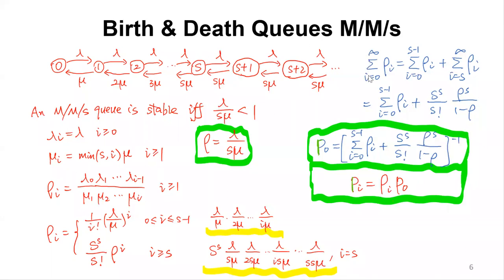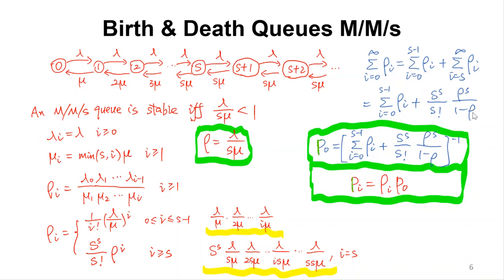So let's first calculate the summation of all the rho I. For I equals 0 to S minus 1, this will be rho I. And from S to infinity, this rho I will be a different rho I. So you will have S to the power S over S factorial, then rho to the power S, divided by 1 minus rho.